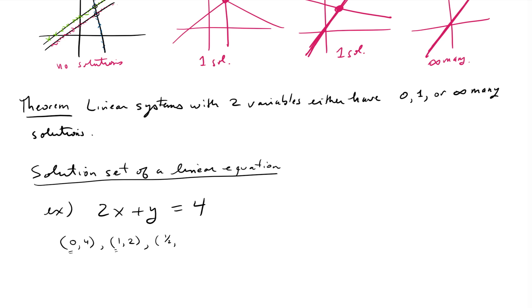So 2 times a half is 1, so y would be 3. But I also forgot, I don't know, 0.0123, and I would have to figure out the y. So that's not going to work. I can't enumerate all the points. There are infinitely many of them. So that's a no-go. I'm not going to use that technique here.